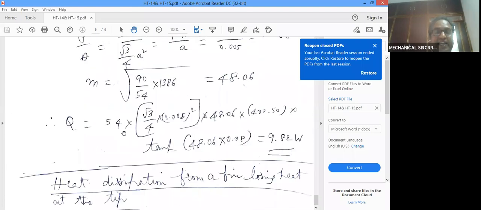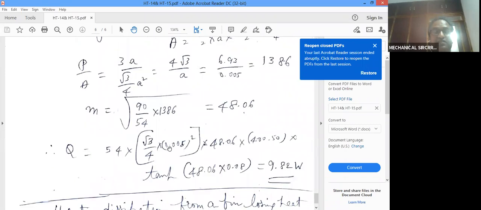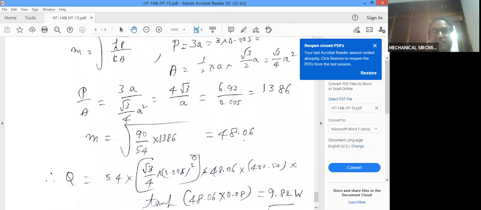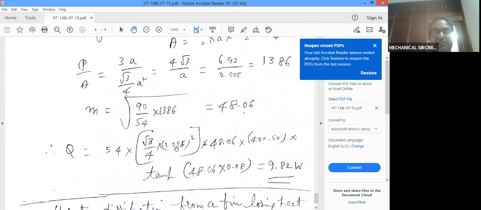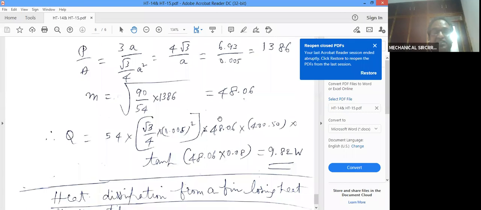kA, k value 54, area value, so this one area square root of 3 by 4 A square. So area, A is 0.005 whole square into square root 3 divided by 4, kA into M value 48.06 into T naught minus T free stream.